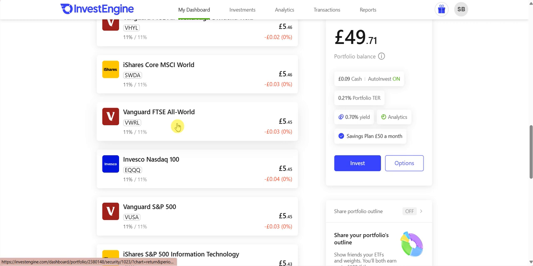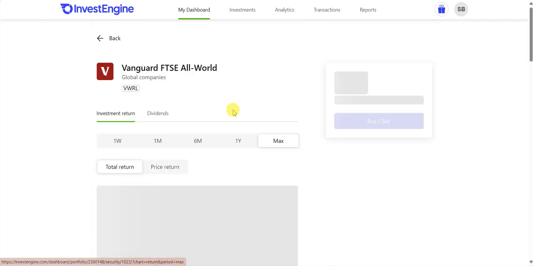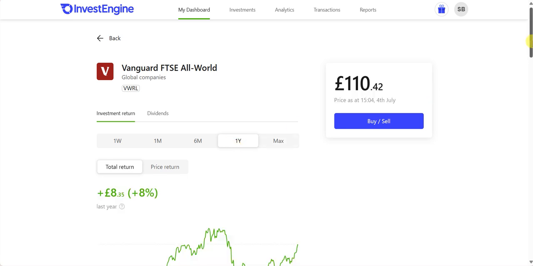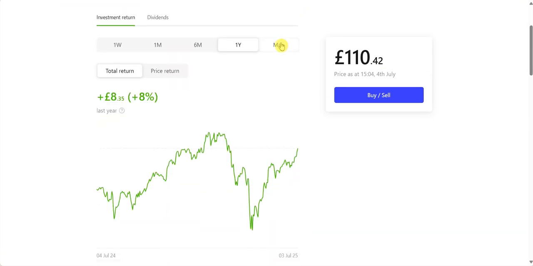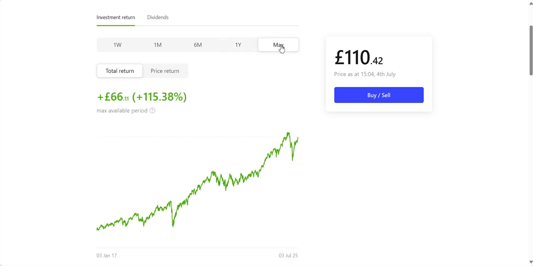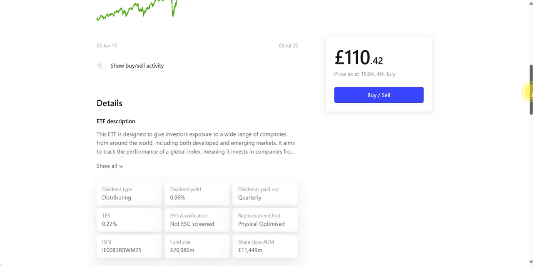So this is the Vanguard FTSE All World. Let's see what it's doing for the year. So 8%, better than the S&P 500. And then over the max, we have since February 2017, 115.38%.